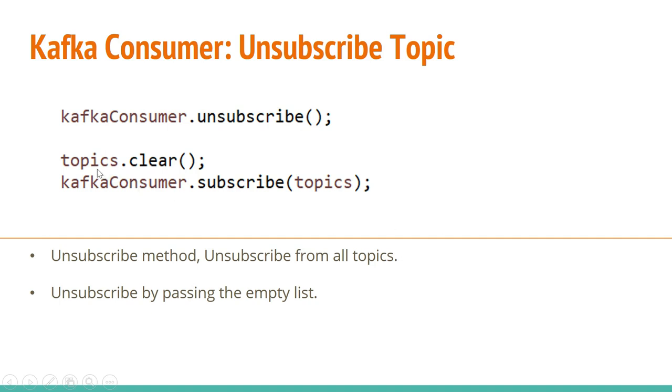Or the other way is that we can clear the topics array list and call the subscribe function, which will also unsubscribe from all the topics. If we want to partially unsubscribe, then we can remove the topics which we want to unsubscribe from and keep only those topics which we want to keep consuming messages from, and call the subscribe function again.